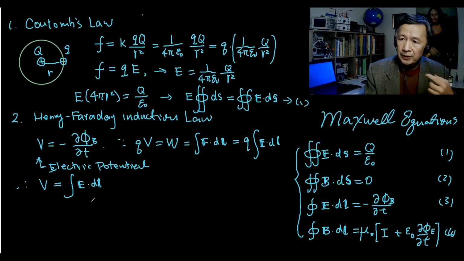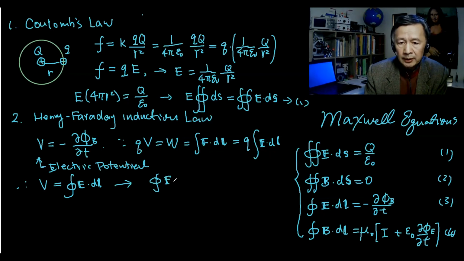Of course, when you calculate it, I put a circle on the integral to indicate that it goes around a complete loop, in this particular case a circle. In this way, we get the third equation: the loop integral of E dot dl will equal negative d phi B over dt.